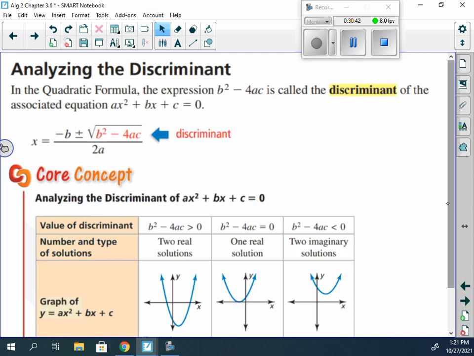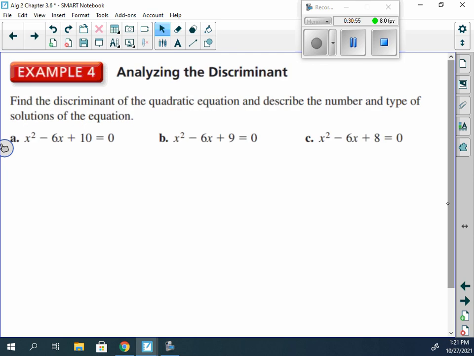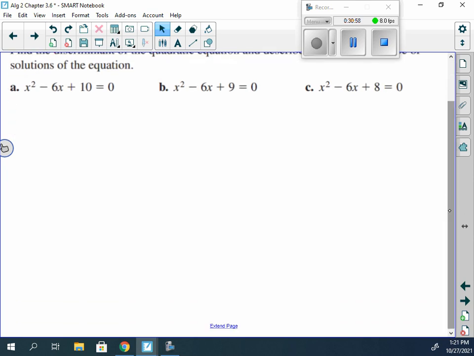We have imaginary numbers, we have complex numbers as our solution. So the discriminant will really tell us what kind of solutions we're going to get. And that's really the last thing we're going to cover.